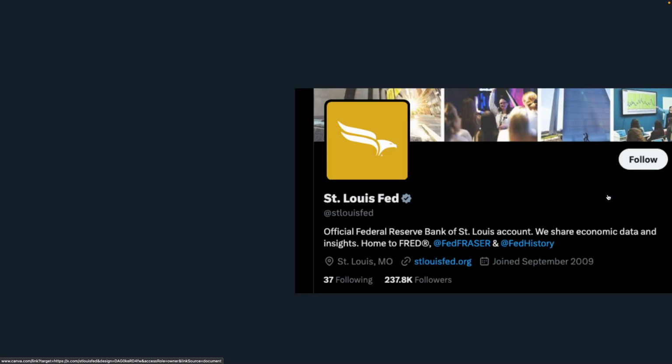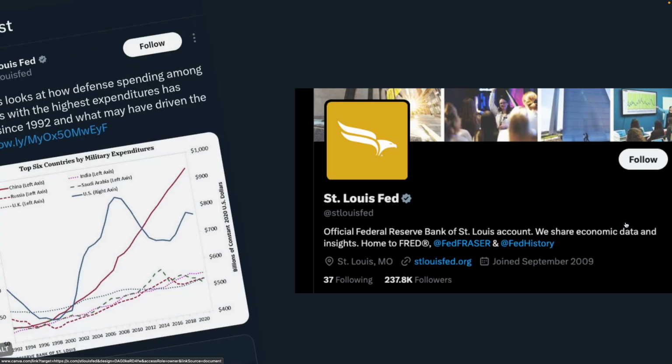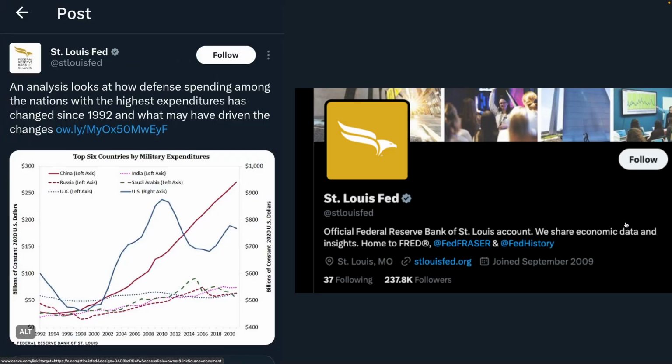We share economic data and insights. So one day they decided to share economic data and insights about military expenditure, as you can see here, and it says an analysis looks at how defense spending among the nations with the highest expenditures has changed since 1992 and what may have driven the changes.